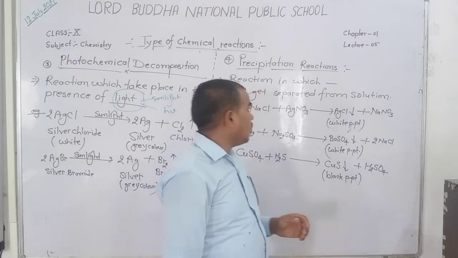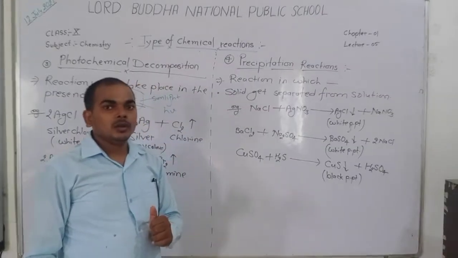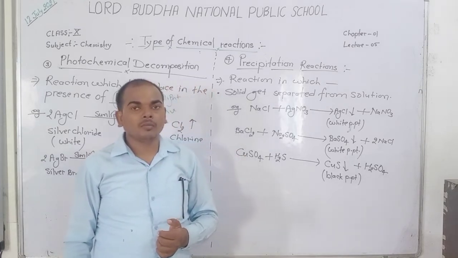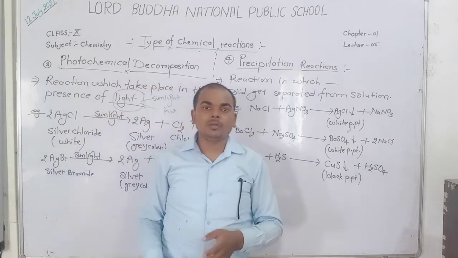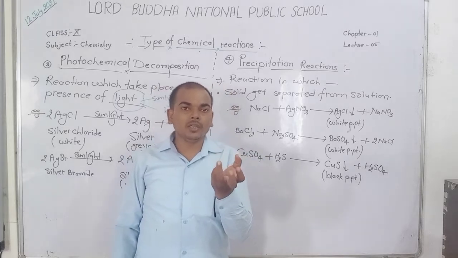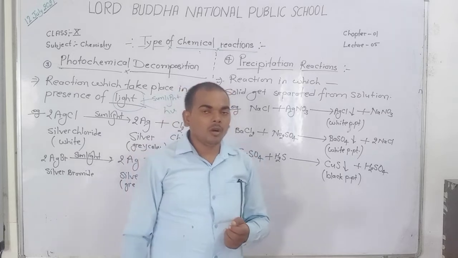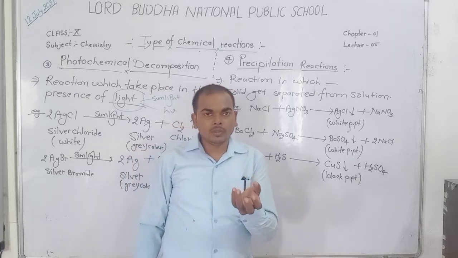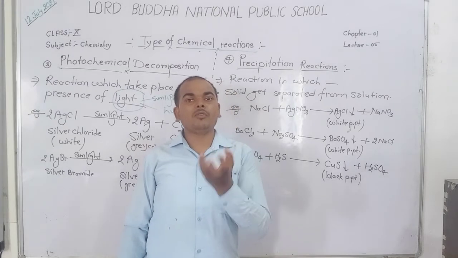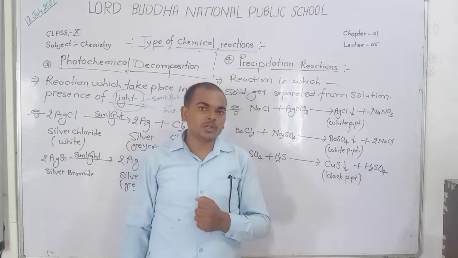Okay. Now, precipitation reaction. In the previous video, I said that in a precipitation reaction, a solid material is obtained as a precipitate, or we say that a solid material separated from solution is known as a precipitation reaction.